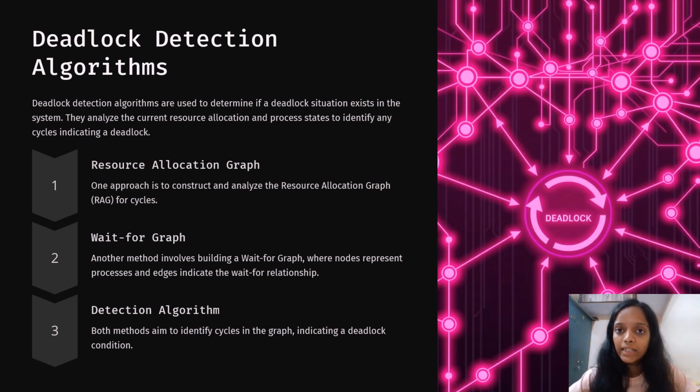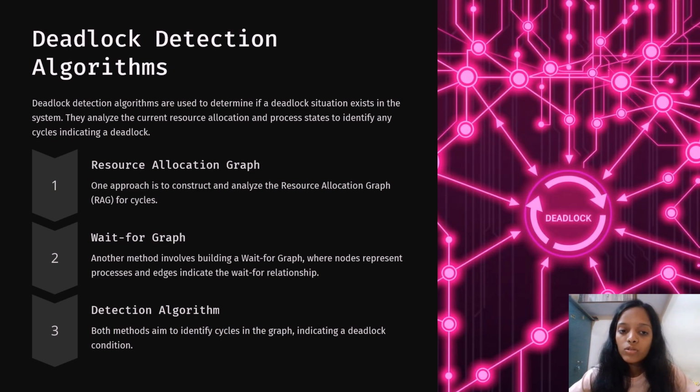Deadlock detection algorithms. Deadlock detection algorithms are used to determine if a deadlock situation exists in the system. They analyze the current resource allocation and process states to identify any cycles indicating a deadlock. There are three steps in deadlock detection algorithms. Resource allocation graph.